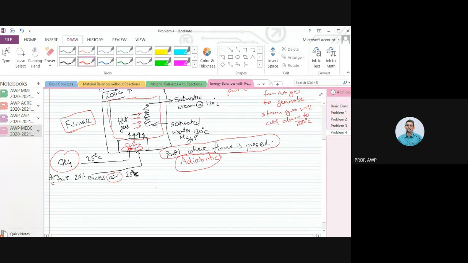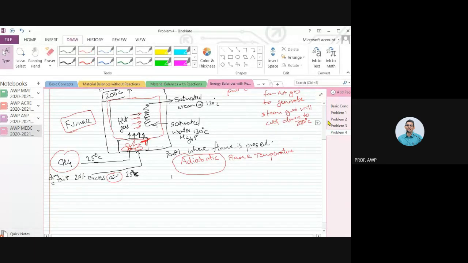No heat is transferred out of this combustion. Whatever heat of combustion is there, all of that goes in raising the temperature of the gas to a high temperature. So the temperature that we get here, we call it the adiabatic flame temperature.